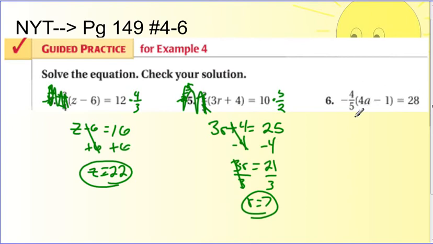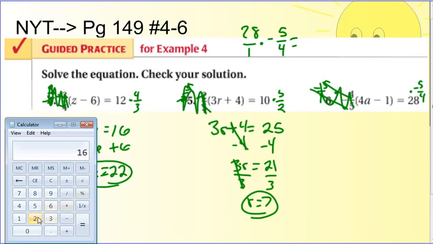Lastly, we're going to multiply by a negative 5/4. Cancel, cancel, gone. Multiply by a negative 5/4. Let's see, 28 over 1 times a negative 5/4 equals 28 times 5.